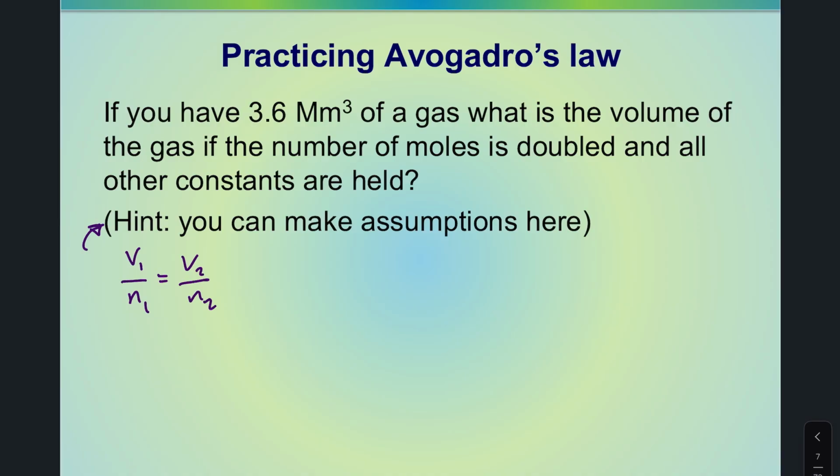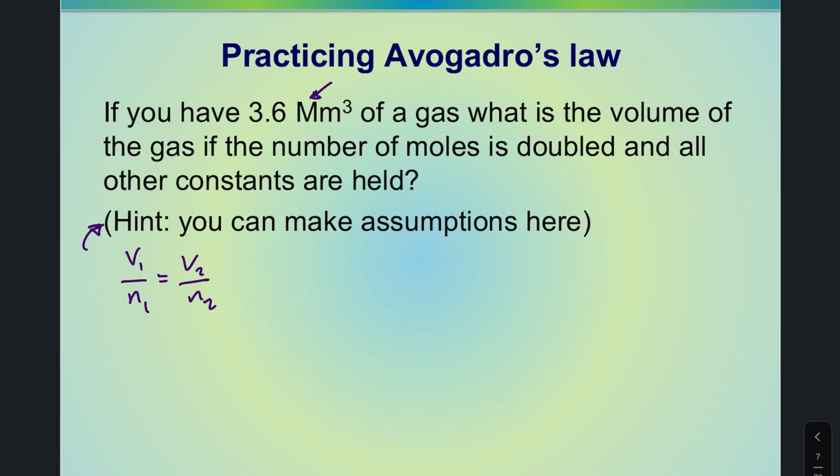Okay, so here's what I mean. When we're talking about making assumptions, we can't assume the 3.6 megameters cubed of gas. This is our volume. We cannot assume here, but we can assume the number of moles.